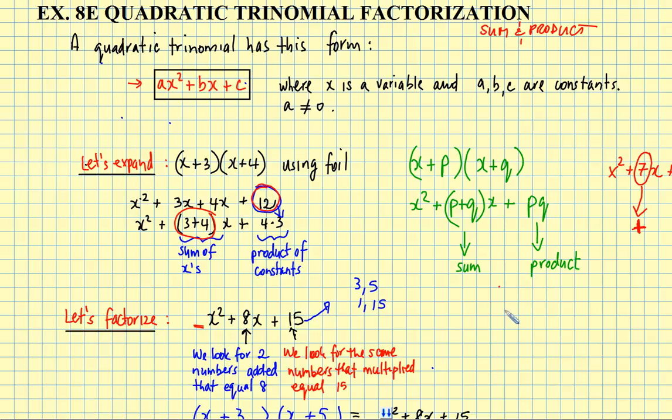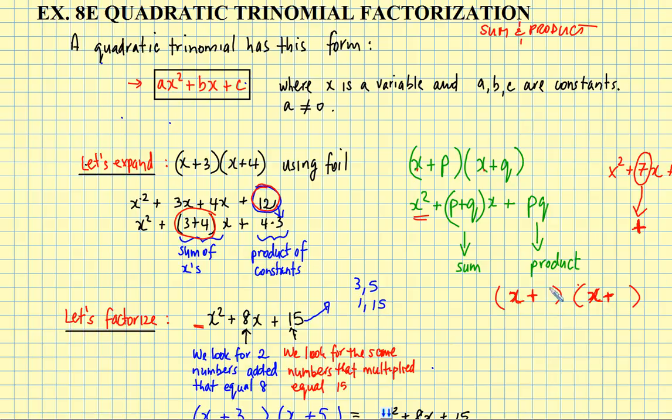So because we're factorizing, and that means we're bringing back the parentheses, we would start with an x and an x in both parentheses, simply because x times x gives us x squared. Because we have x squared plus 7x plus 12, and everything is positive here, I know that everything is going to be positive inside both of these parentheses.